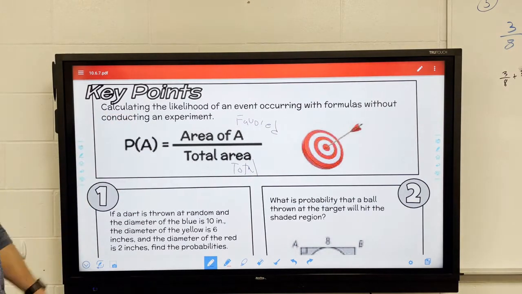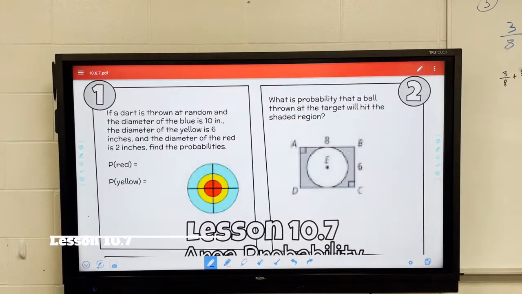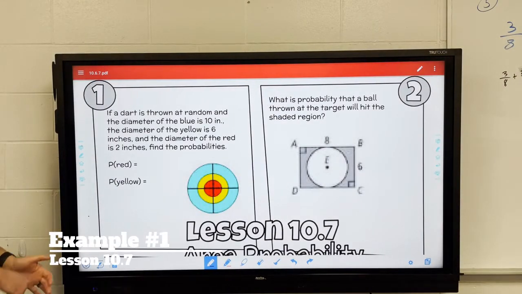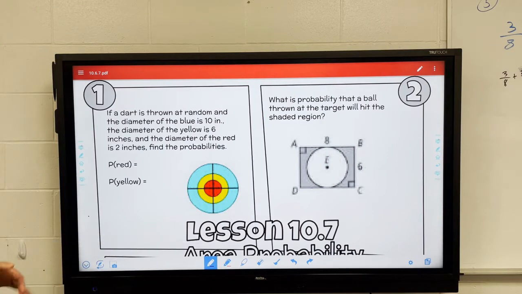Let's take this concept and tie it into our examples. On example number 1, it says if a dart is thrown at random and the diameter of the blue is 10 inches, the diameter of the yellow is 6 inches, and the diameter of the red is 2 inches, we need to find the probability. Right now we need the probability of hitting the red dot.